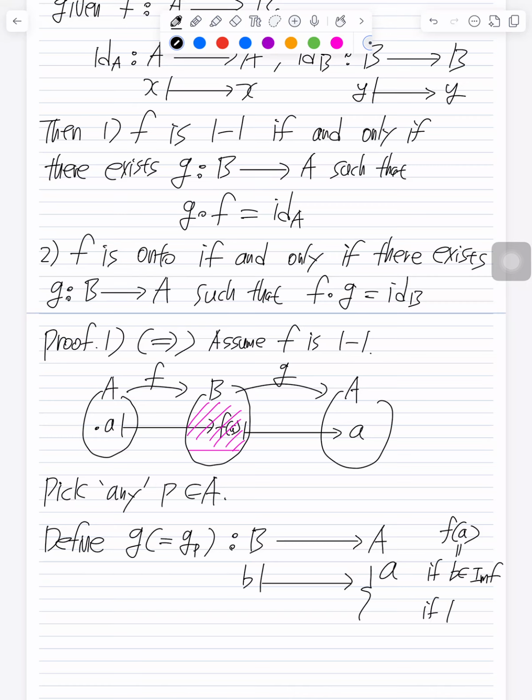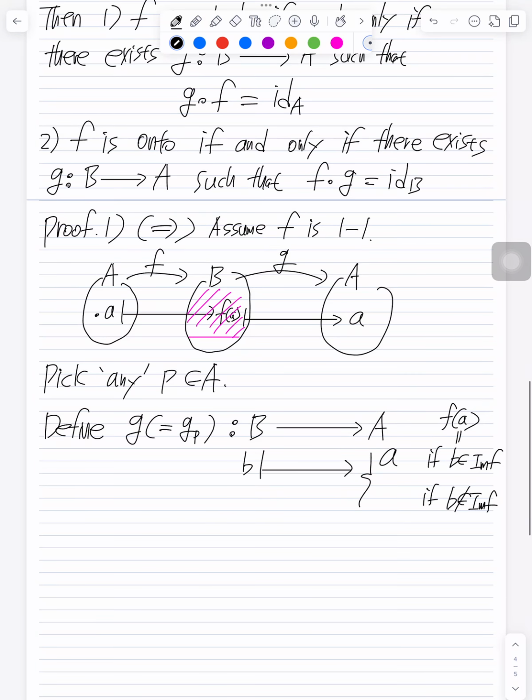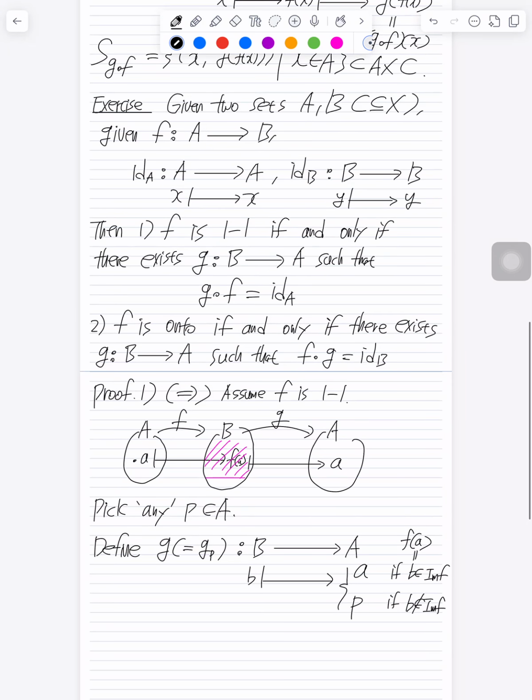If b is not inside the image, then we just assign it to the chosen a. The only necessary rule for defining the function is that each element of the domain should be mapped to the codomain. Furthermore, we just need to see why the composition rule is satisfied. Then this is now clear, and g is well defined.